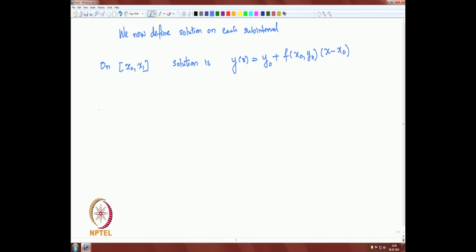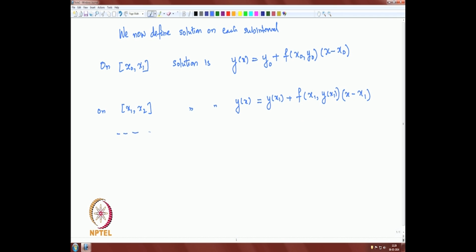Similarly, on the interval [x1, x2], the solution is y(x) equals y(x1), which we obtained from the first interval, plus the next slope f(x1, y(x1)) times (x minus x1). This is a straight line starting from the last point (x1, y(x1)).